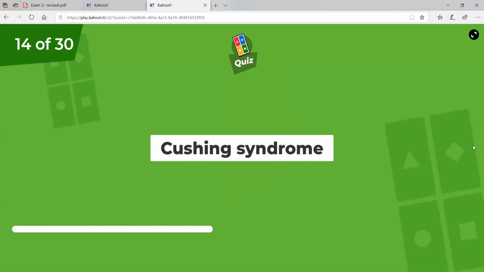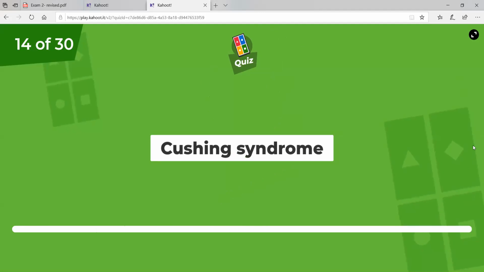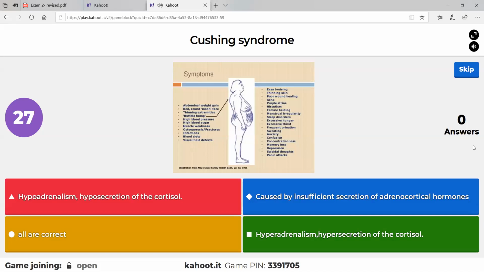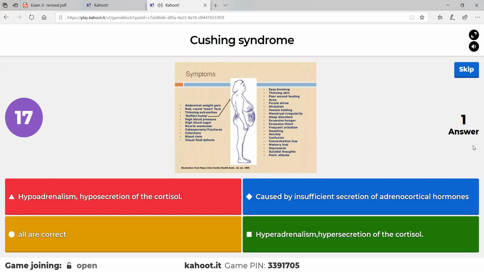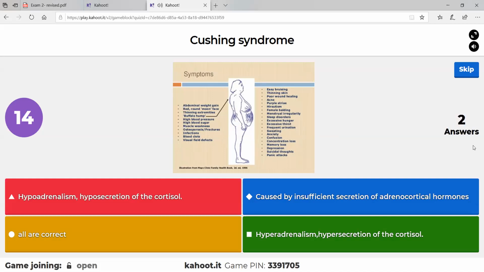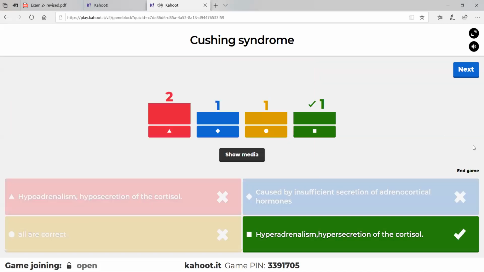Okay, Cushing syndrome, what's that associated with here? All right, so it's hypersecretion of cortisol.